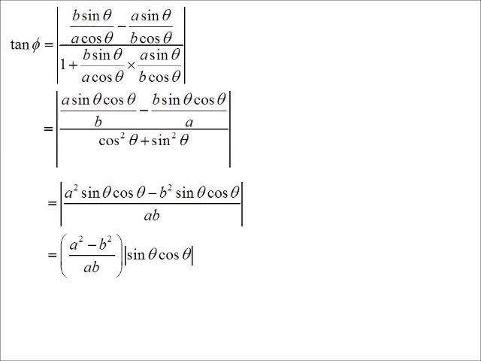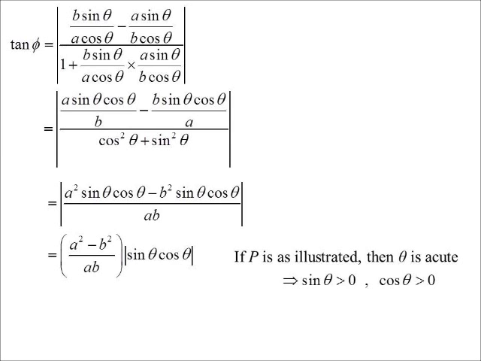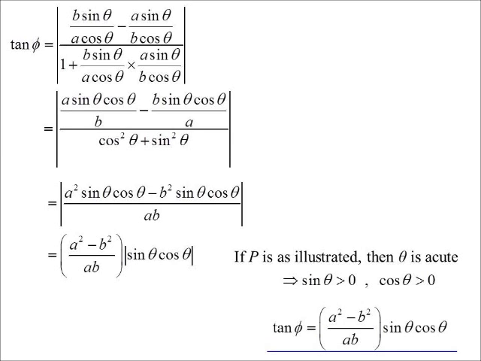Right. But to get the answer that they required, I've said, well, look, if P is as illustrated, theta would be acute. And so if it's acute, then I know sin theta is positive and cos theta is positive. So it would be the answer that they're looking for. But if it wasn't, that wouldn't be the answer. They made a mistake. I'm convinced.